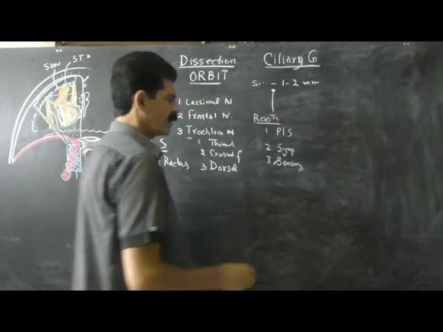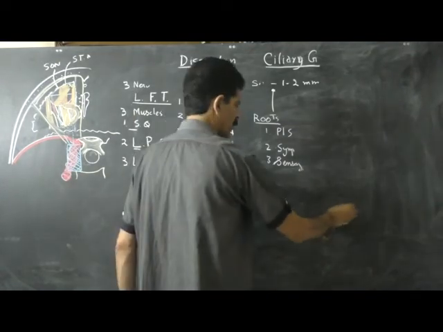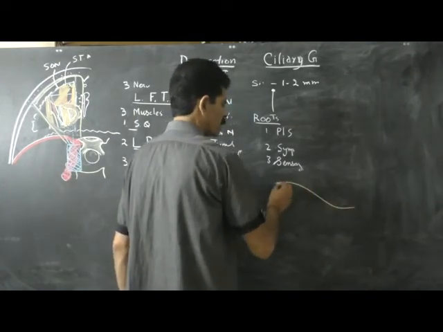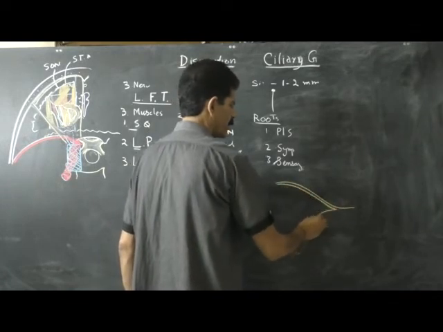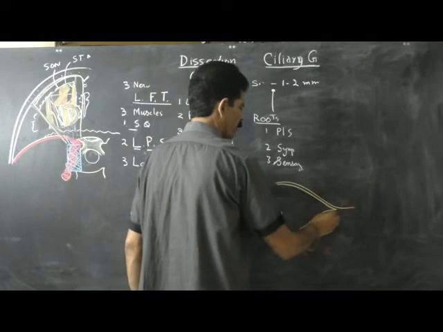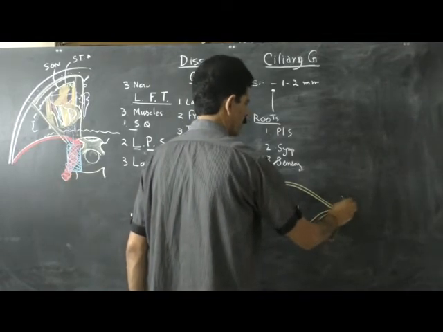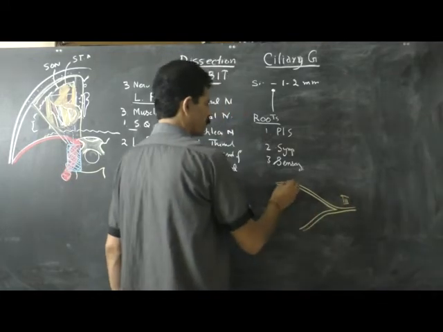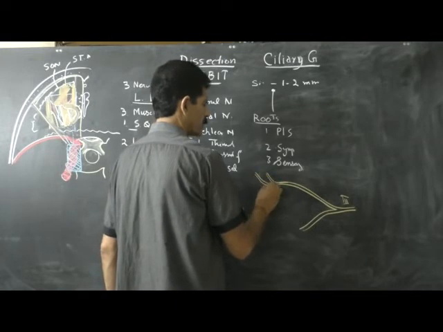And as we have seen, the oculomotor nerve enters the orbit and divides into 2 branches, the superior division and the inferior division. The superior division supplies the superior rectus and LPS.